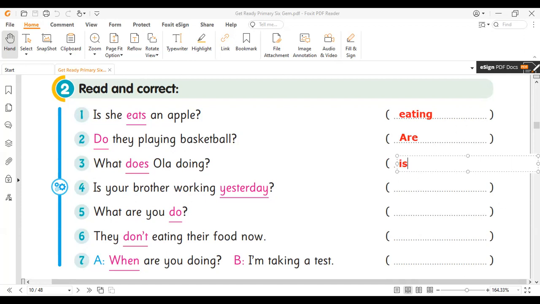What is Aula doing? Sarah, number 4. Is your brother working yesterday? Yes, but why not today? Is your brother working today? You can say now.